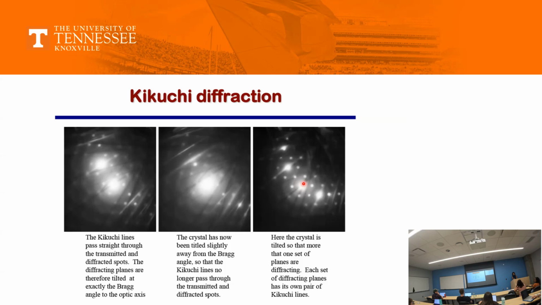The rest of the light is forming these spots. Other light is forming these planes. So when you see an electron image or a diffraction pattern, you see either spots or these lines. Nothing else, right? And the transmitted beam. That's the three things.